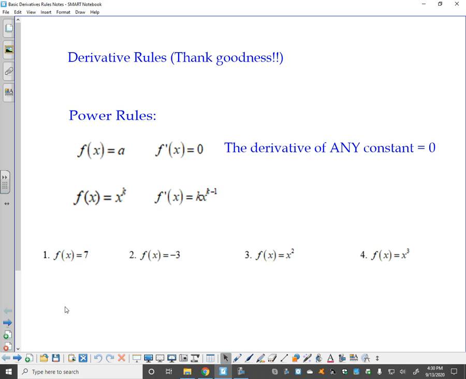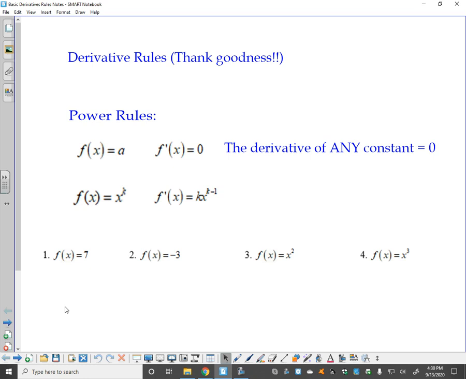And I think I said yesterday, or in the last notes, that the derivative is always one power beneath the original function. So if your original function is degree 0, because it has no x's, then your derivative is going to be a 0.